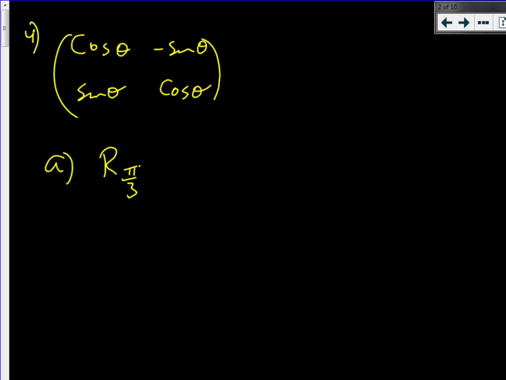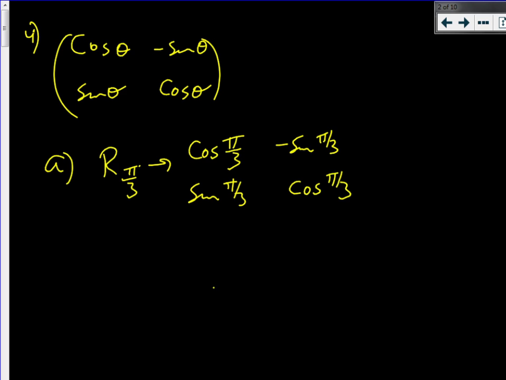They want us to compute the matrix. Well, it's just going to be cosine of pi over 3, sine of pi over 3, the negative of the sine of pi over 3, and the cosine of pi over 3.